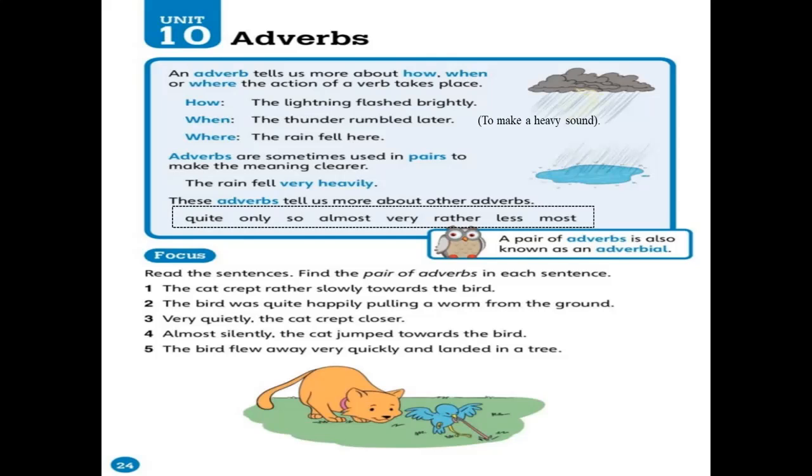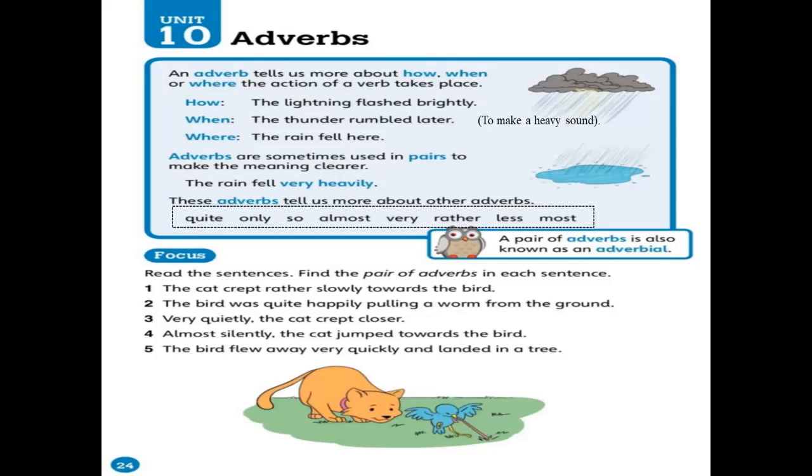So when we use these adverbs plus the adverbs that end in ly, it makes an adverbial phrase. Like the owl is telling us, a pair of adverbs is also known as an adverbial.